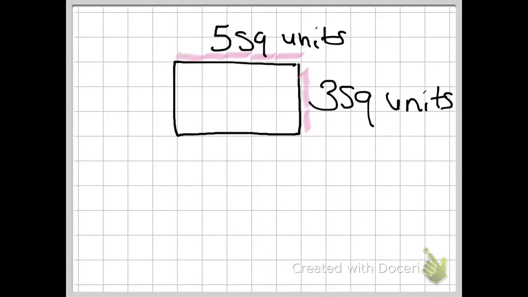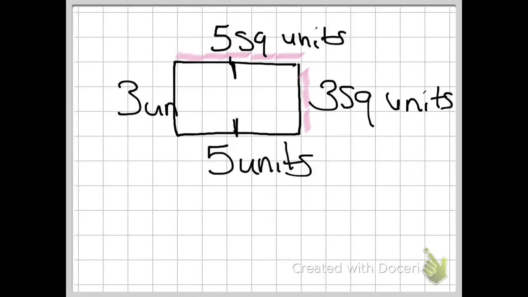And since it's a rectangle, I know this side equals this side, so this is also 5 units. And this is also 3 units, because I can count them. 1, 2, 3. 1, 2, 3, 4, 5.